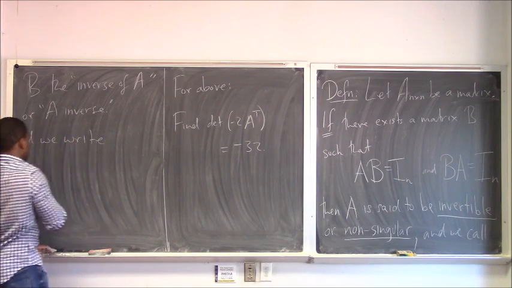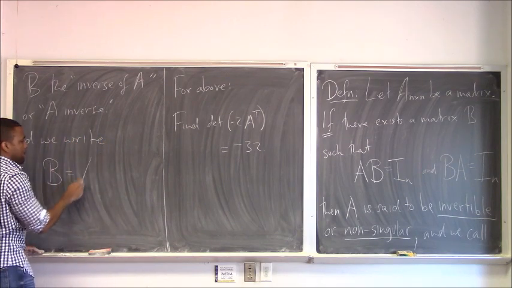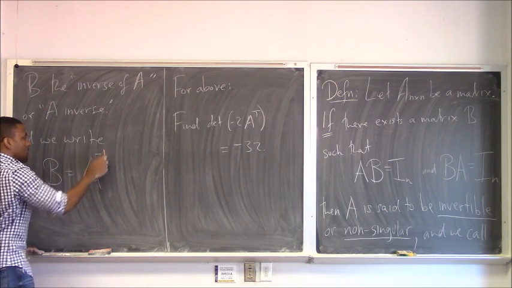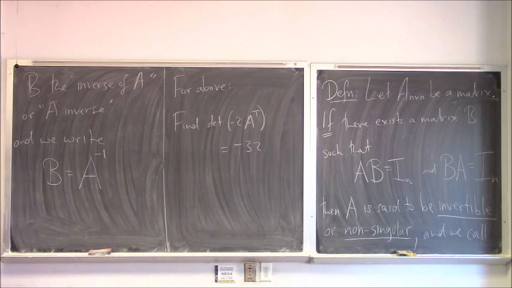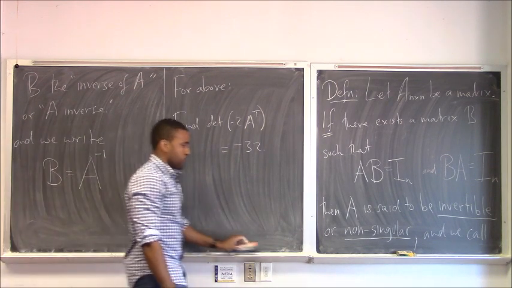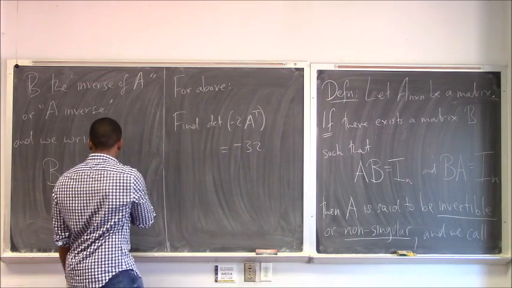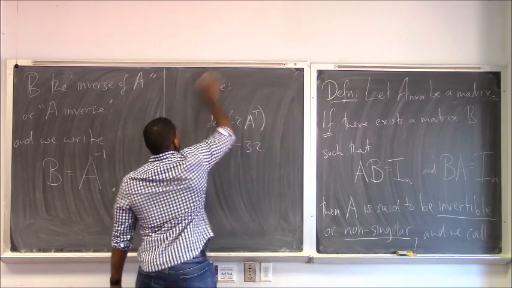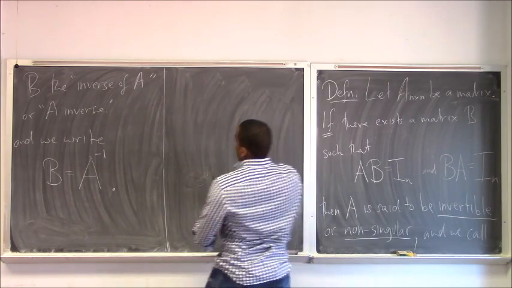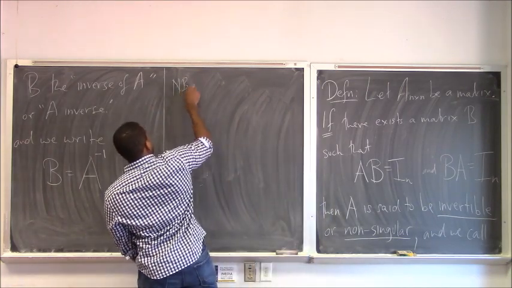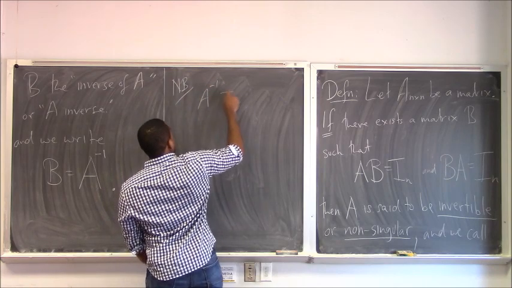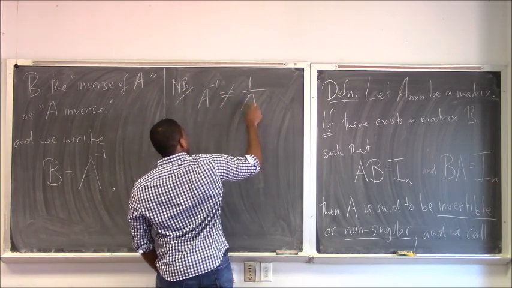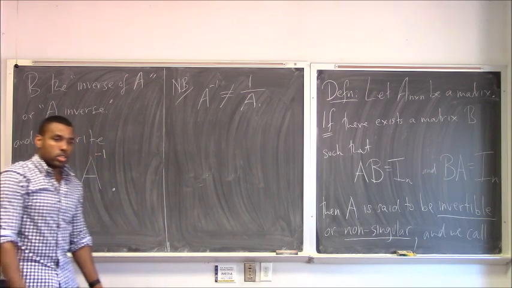And we write this notation, A with a -1 power. Note, A to the -1 power does not mean 1 over A. It's a notation for the inverse of a matrix.